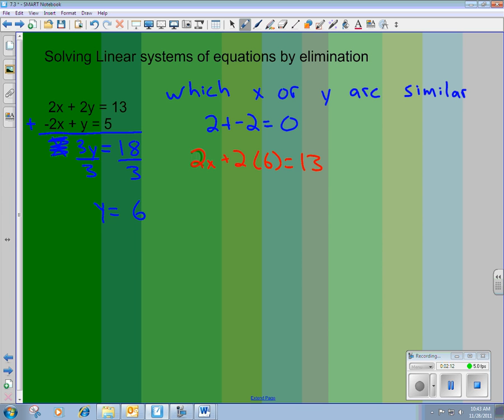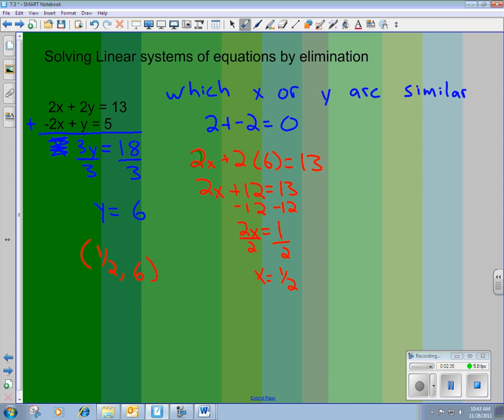Now we're just going to solve for this by multiplying 2 times 6. So 2x plus 12 equals 13. Subtract 12 from both sides, so 2x equals 1. Divide by 2, so x equals 1 half. So that means that our coordinate that works is 1 half, comma, 6.